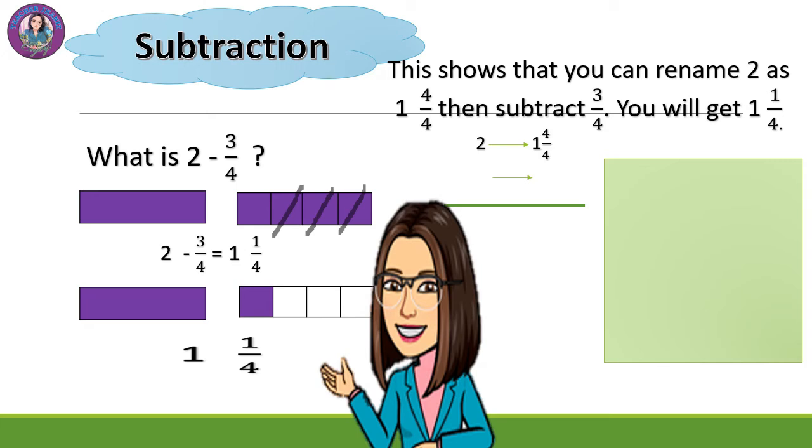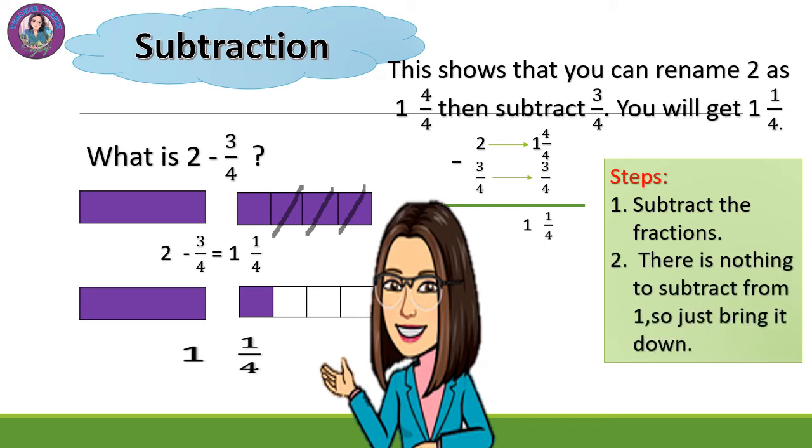Here's the solution. 2. We rename 2 as 1 and 4/4 minus 3/4. Steps. Subtract the fractions. So 4 minus 3 equals 1. Copy the same denominator.